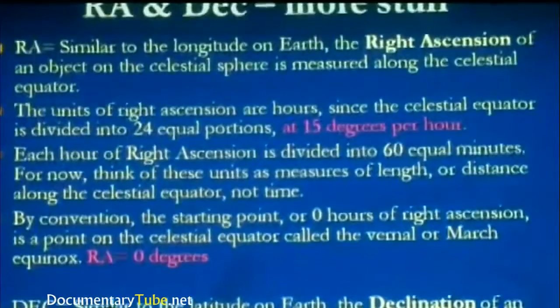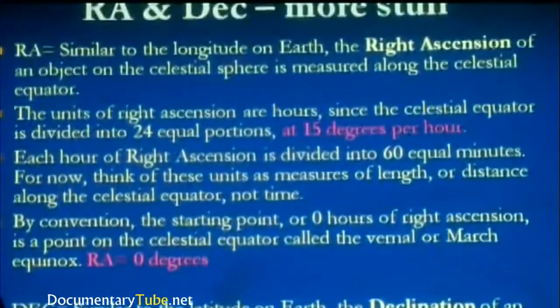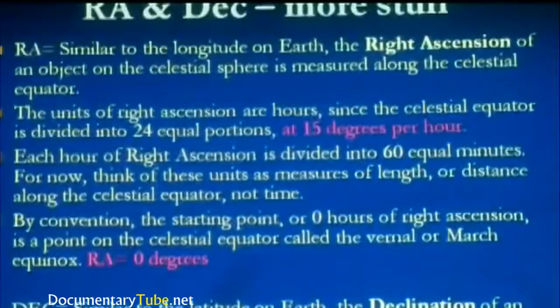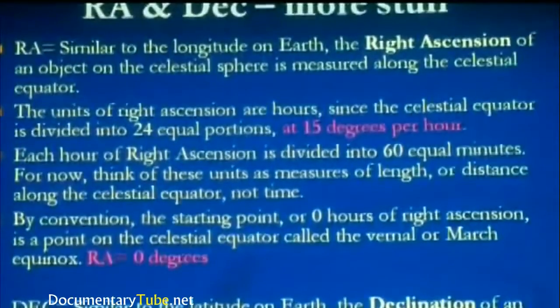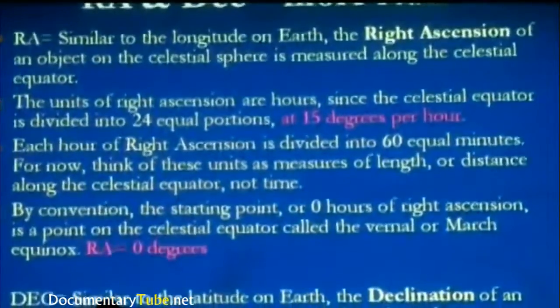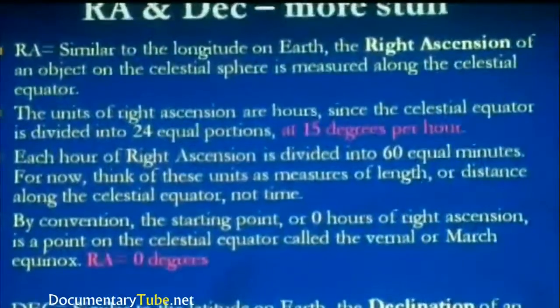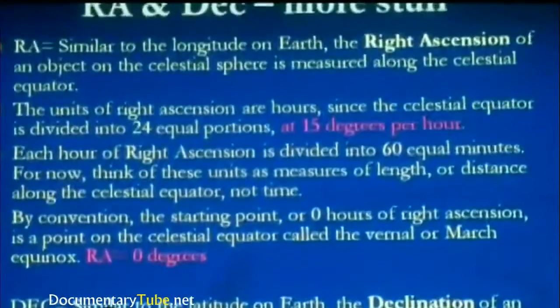By convention, the starting point, or 0 hours of right ascension, is a point on the celestial equator called the vernal or March equinox, where right ascension equals 0 degrees. There are 2 times a year that we have an equinox. One of them is called the March equinox, and the other one is called the autumnal equinox. Everybody knows that the Earth is tilted.